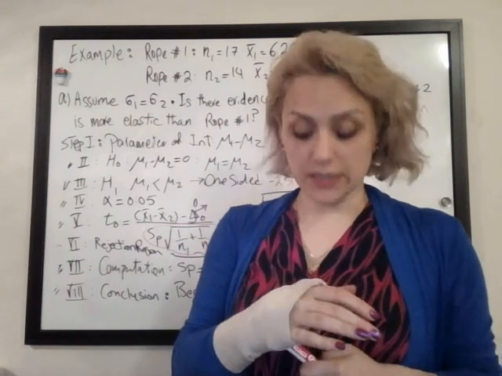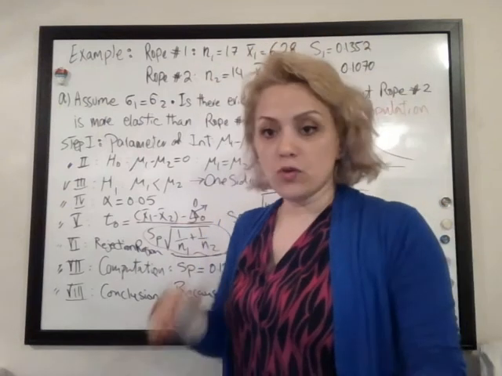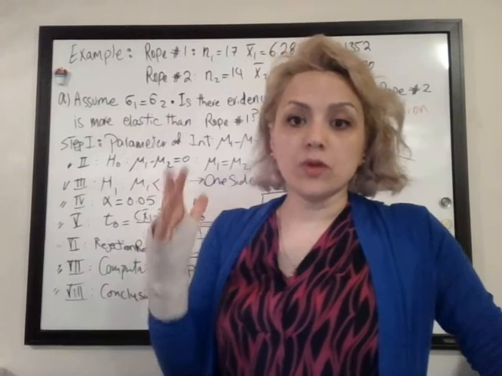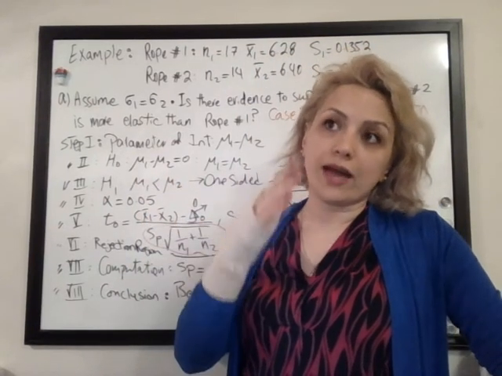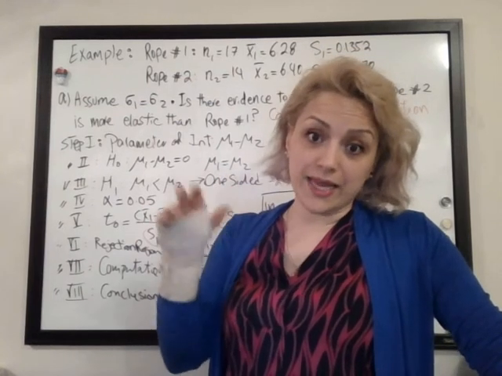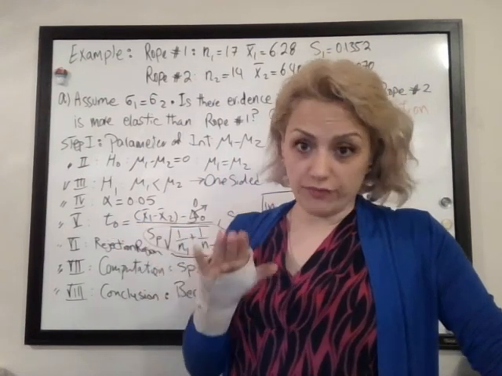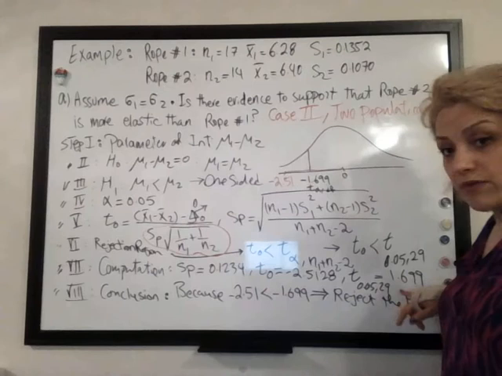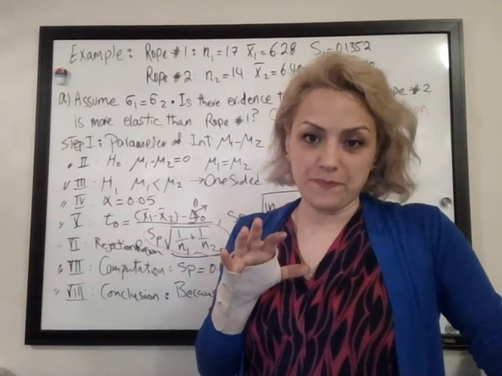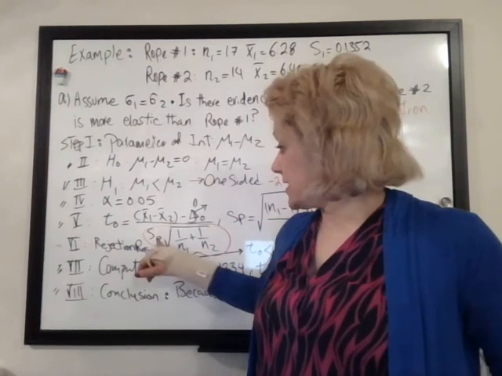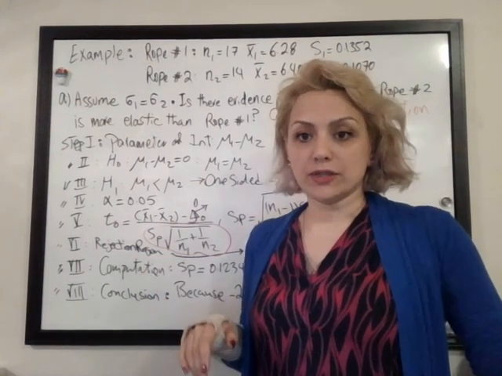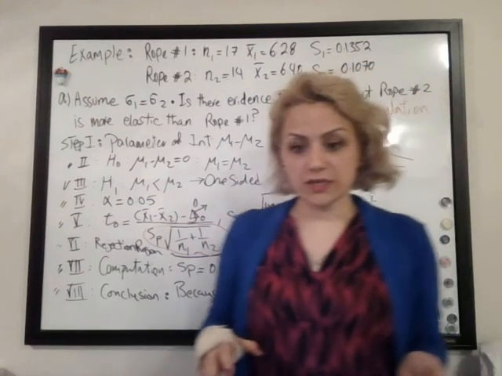For the confidence interval, we would say mu1 minus mu2, and then you would have your x bar 1 minus x bar 2, minus t at half of the alpha and your degree of freedom, that is minus 1.699, and then you would write down your standard error, which is sp times the square root of 1 over n1 plus 1 over n2. So that's going to be your confidence interval.